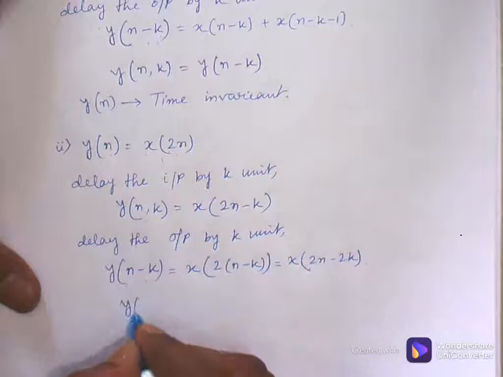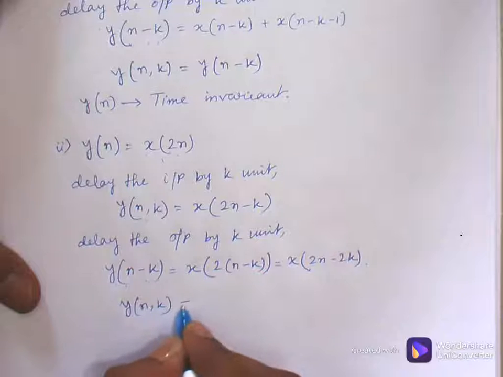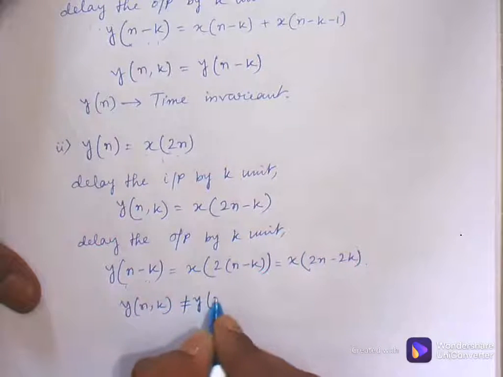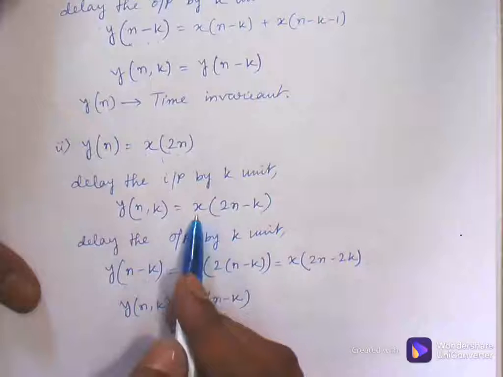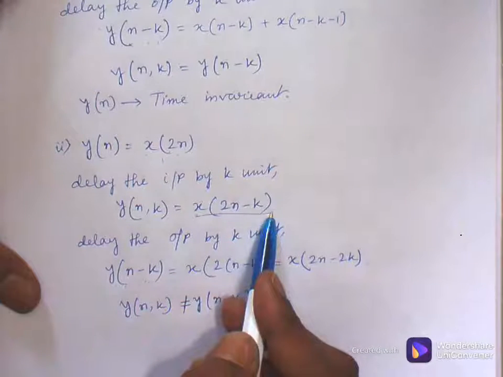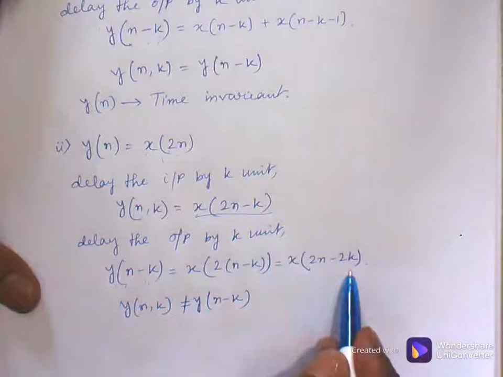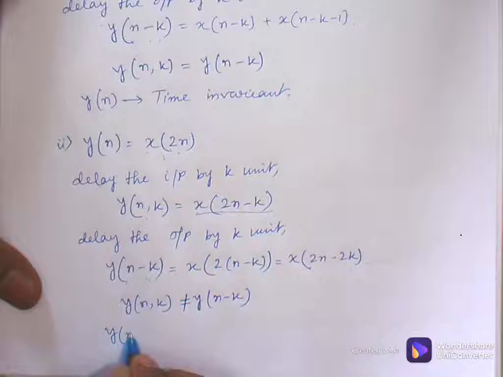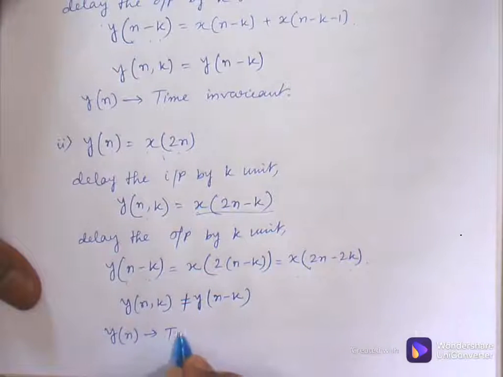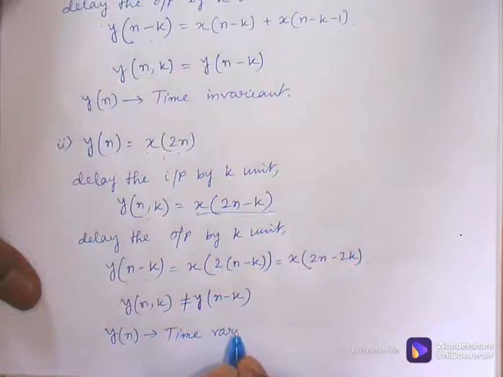So y of n comma k is not equal to y of n minus k, since they have different values. So I can say y of n is time variant.